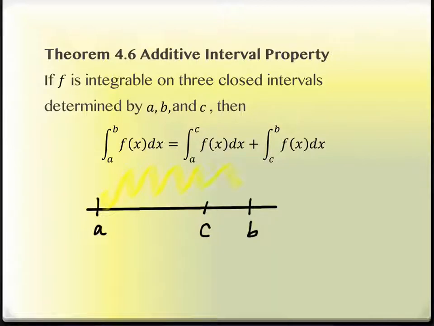I don't care what it is, but it's shading in some region, whatever it is, okay? What I could do, if for some reason it was helpful, let me make my shading a little smoother. I know it's yellow, but it doesn't really matter what the values are. What I could do, instead of calculating all that area at once, is I could break it into 2 pieces, and I could calculate this area 1 and this area 2, and I could add them together.